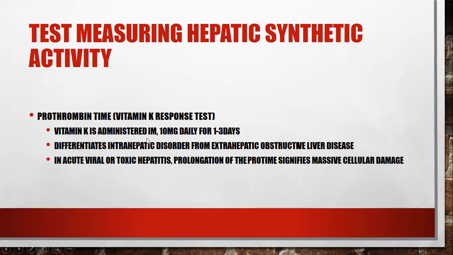So this differentiates intrahepatic disorder from extrahepatic obstructive liver disease. How? In intrahepatic disorders, you have a prolonged prothrombin time, whereas in extrahepatic obstructive liver disease, you have a normal pro time.